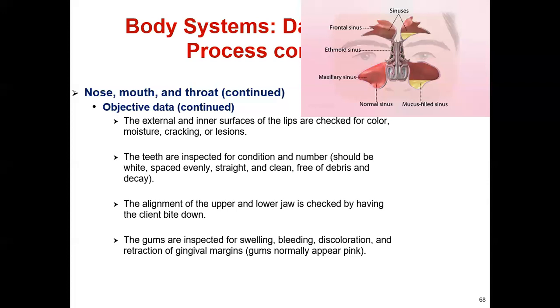The alignment of the upper and lower jaw is checked by having the client bite down. Also, we inspect the gums for any kind of swelling, bleeding, discoloration, or retraction of the gingival margin.